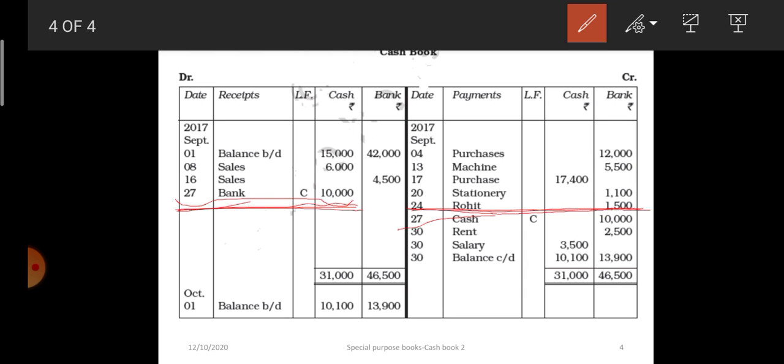Cash has been withdrawn from bank for office use, so the cash account is debited, and we write 10,000 rupees. The account credited is bank. In the same manner, on the credit side of the bank column we write By Cash. So the cash account is debited and the bank account is credited, and we write C in the ledger folio.